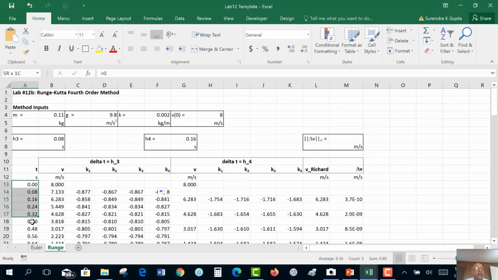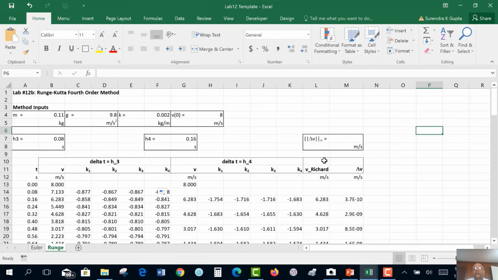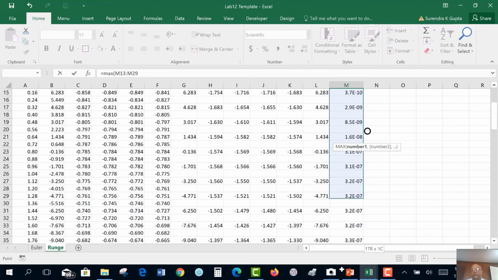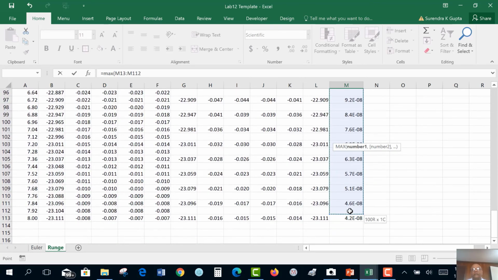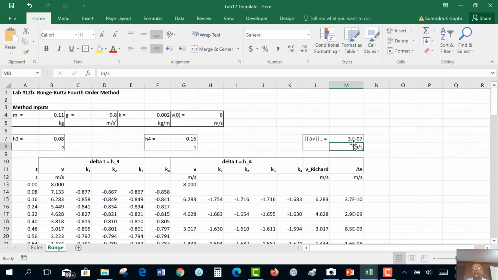Let's go ahead and create a plot. Oh, let's summarize this. So we have copied these formulas. Let's go and find the maximum error bound. Okay, so this is maximum of delta V column. Look at that.